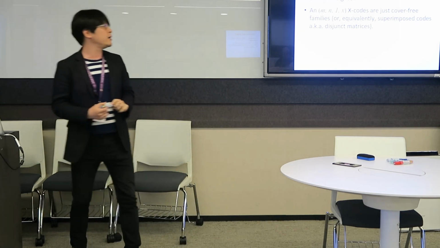In this case, the known results say that the largest possible n should be Θ(m squared) when x is also, I think, 2. And this is a known result, because the best possible x-code when x equals 2 or constant weight 3 is actually a Steiner triple system or maximum triple packing.